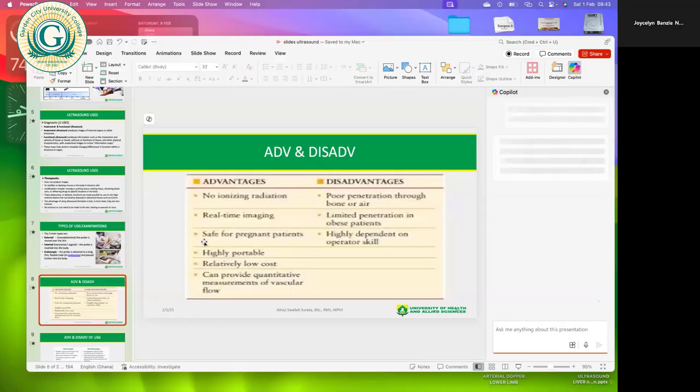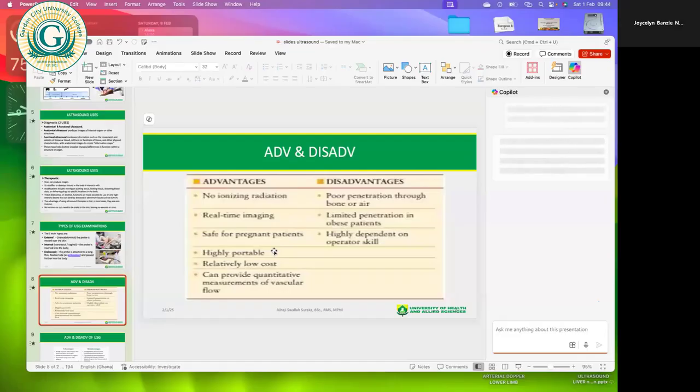Now to the advantages and disadvantages. There are several advantages of ultrasound and a lot of disadvantages as well. We do know that ultrasound is non-ionizing. When we say non-ionizing, it does not give out harmful radiation, unlike its sister imaging modalities like CT and X-ray.